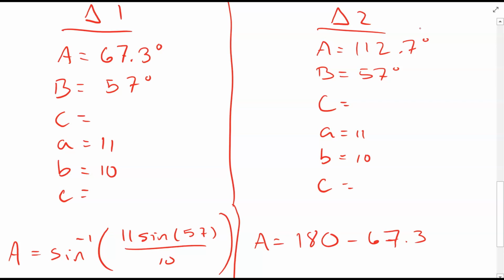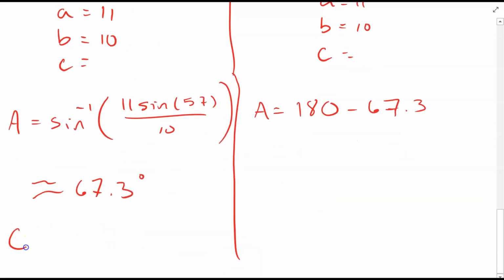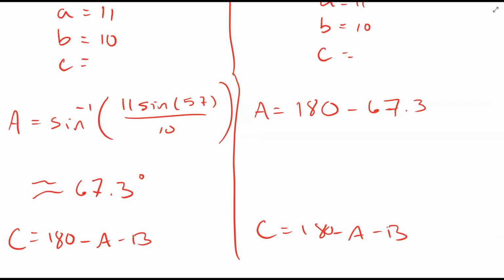Everybody okay there? Now angle C is going to be easy now, right? In each case, to find angle C, I'm just going to do 180 minus angle A and minus angle B. Now, keep in mind, angle A is a different measure in each of the two triangles, but I'm still going to find angle C the same way. Cool with that. All right.